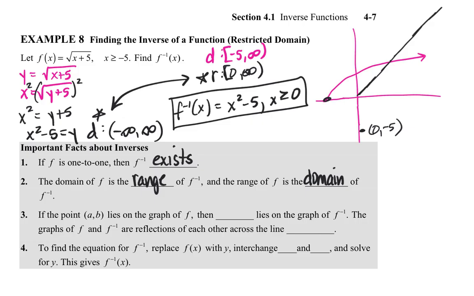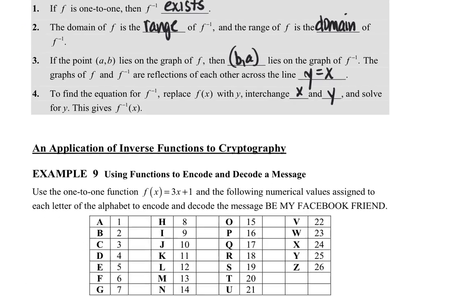If the point (a, b) is on the graph, then the point (b, a) is on the inverse, and they have to reflect over the line y equals x. And to find the equation of the inverse, the x and the y interchange, and then you solve back for y, and that will give you your inverse.